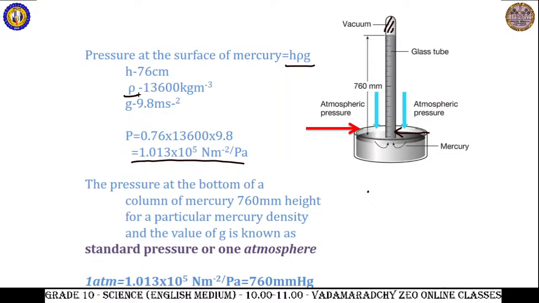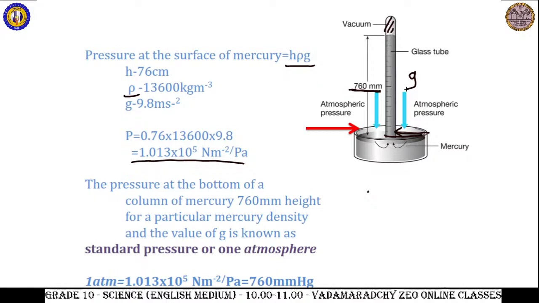So that is the standard pressure, or 1 atmosphere. That is the pressure at the bottom of the column of mercury that has a height of 760 millimeter. We call it the standard pressure.